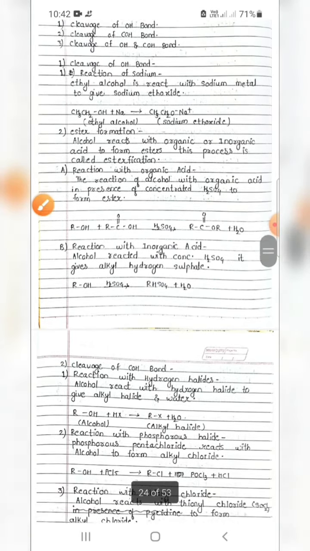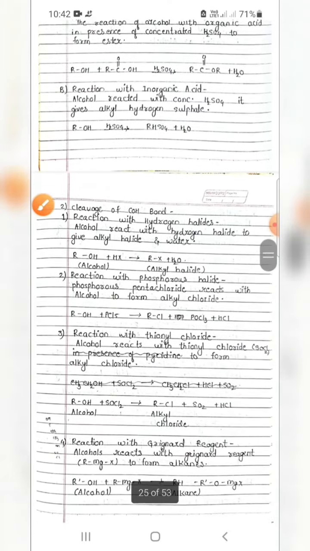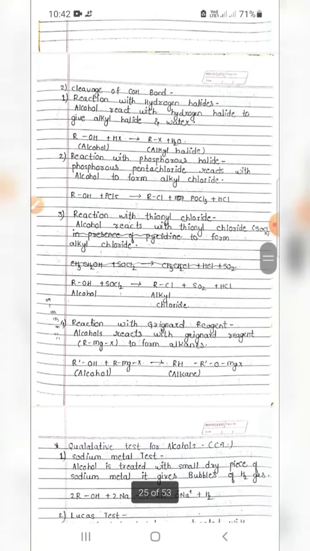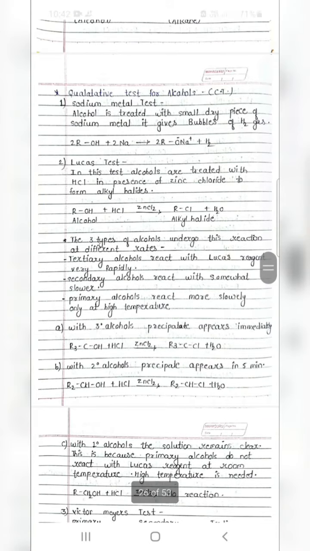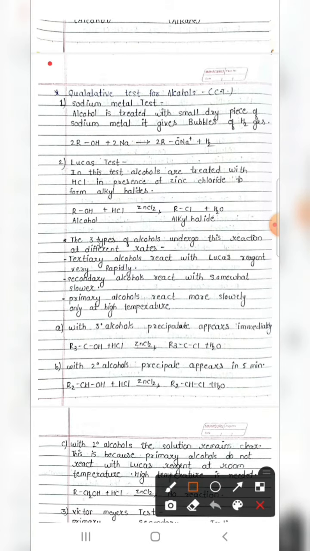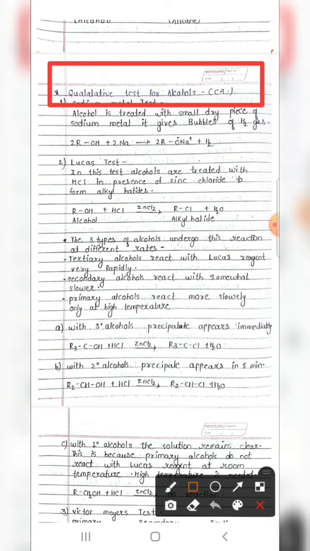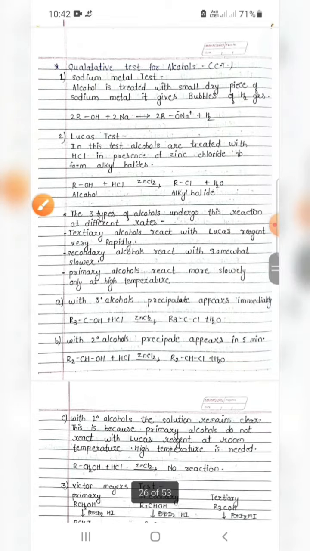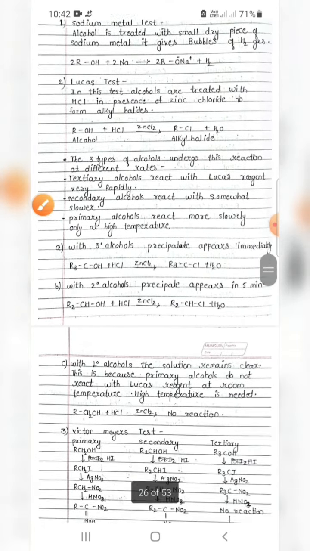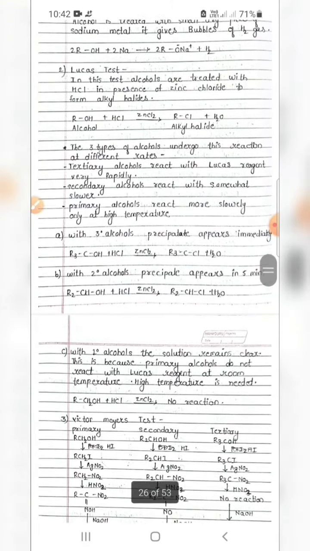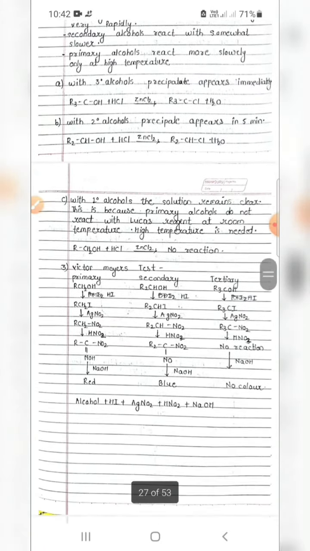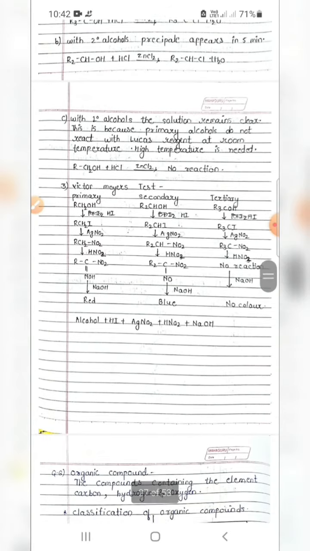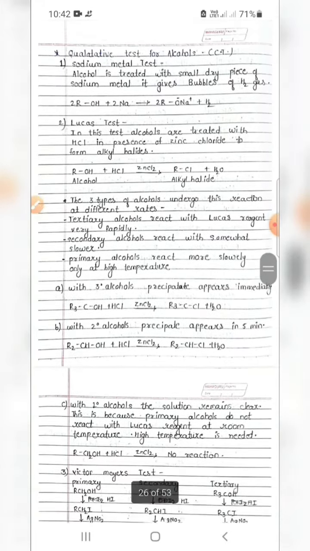This you have to explain. Then next question, that is explain the qualitative test for alcohol. That you have to explain: Victor Meyer test, Lucas test, sodium metal test. These are some 3 basic tests that you have to explain.